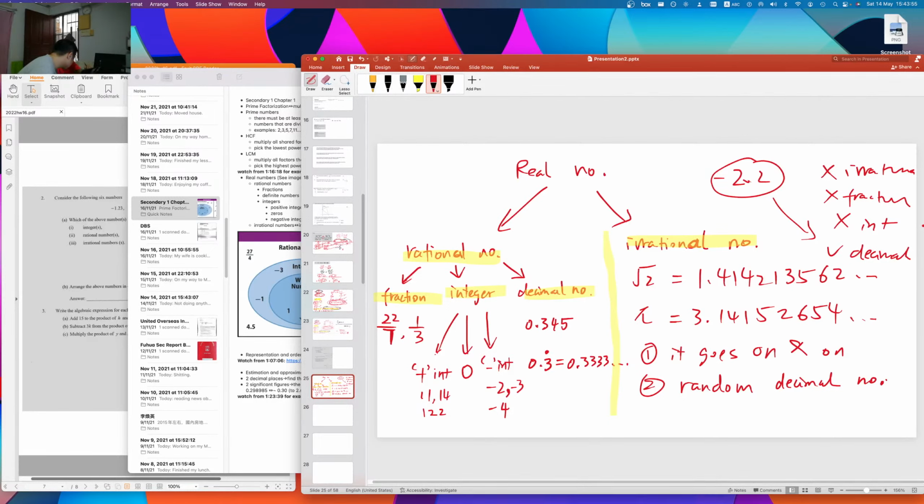Then 1 and 4/7. Do you consider it a fraction or do you consider it a rational number? 1 and 4 over 7. You look. Fraction. Yeah.